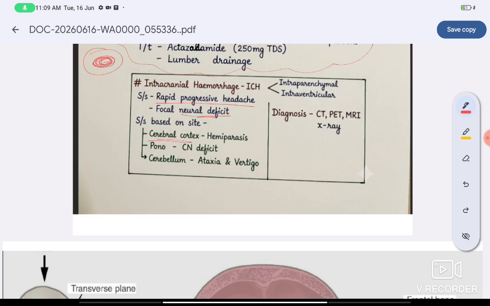If it affects the cerebral cortex, it leads to hemiparesis, which means paralysis of half side of the body. If it is in the pons, it will lead to cranial nerve deficit. If it is in the cerebellum, it will lead to ataxia and vertigo. Diagnosis is done by CT scan, PET, MRI and X-ray.